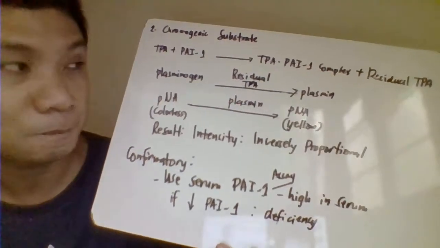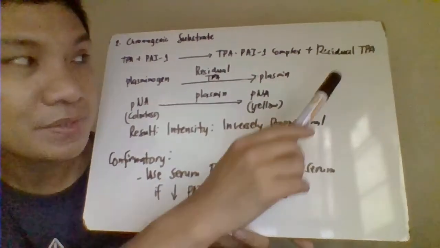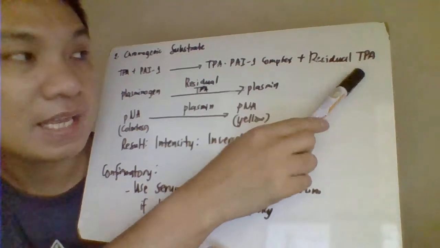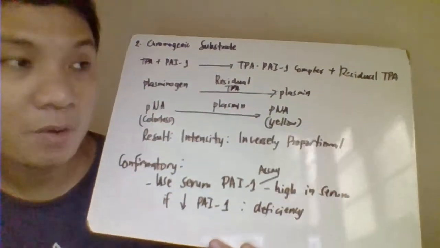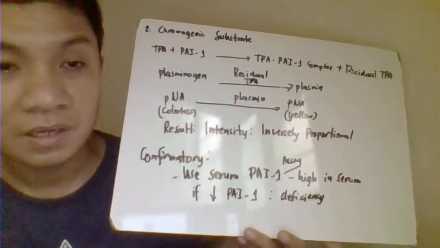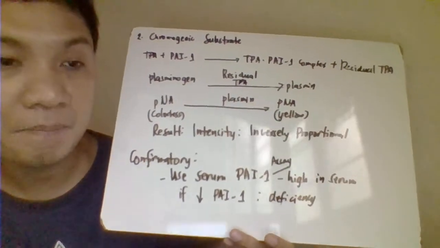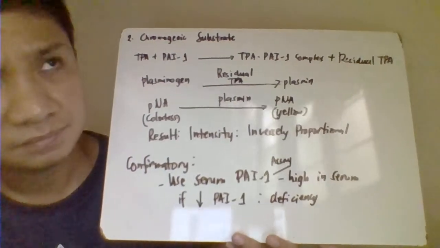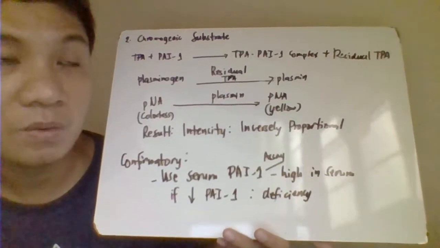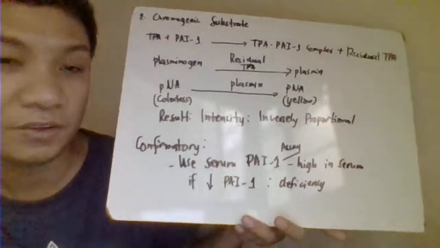Ganon yung principle nito. Ulit, pag sobrang dami ng residual TPA, meaning to say, mababang level ng PAI-1. Pero pag wala ka masyadong residual TPA, madami kang PAI-1, kaya madami siya nagbabind dito sa TPA natin. And therefore, wala kang residual, wala kang kulang, ganon.